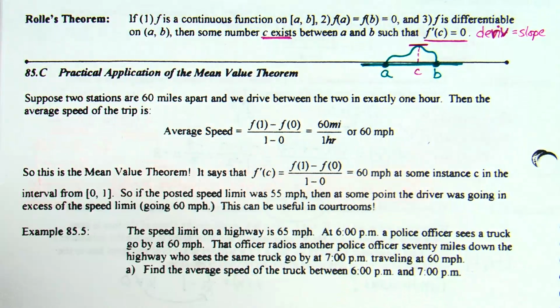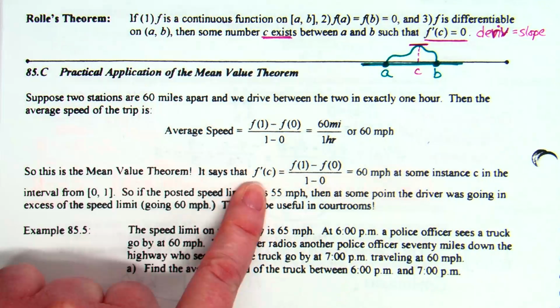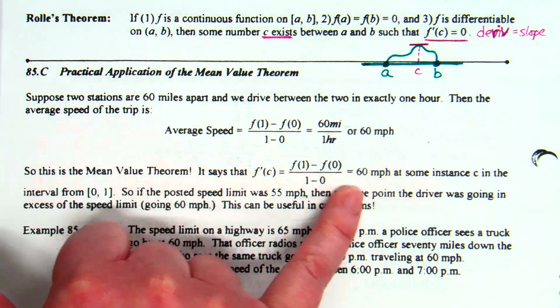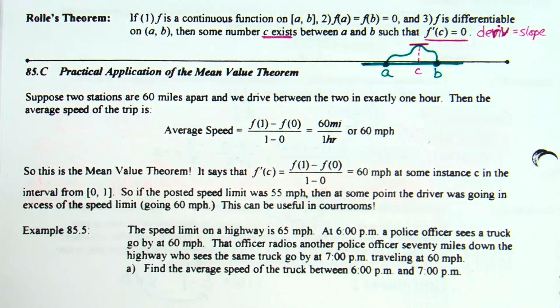The mean value theorem would say f prime of c is equal to f of 1 minus f of 0 over 1 minus 0 is equal to 60. 60 miles per hour at some instant, c, in the interval from 0 to 1. So if the posted speed limit was 55 miles per hour, then at some point, the driver was going in excess of the speed limit, going 60 miles per hour. And of course, then it says this can be useful in courtrooms.